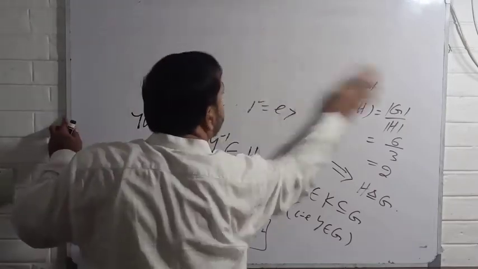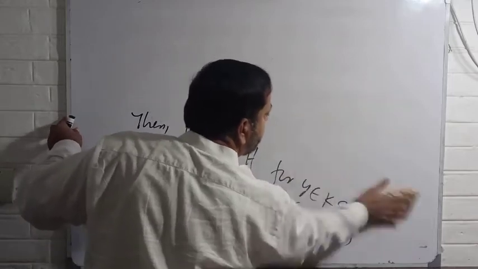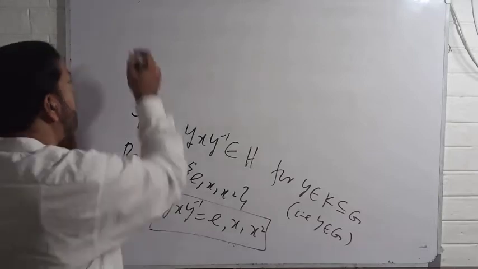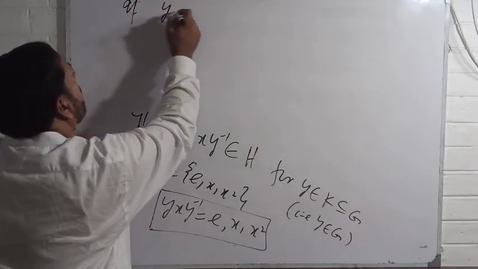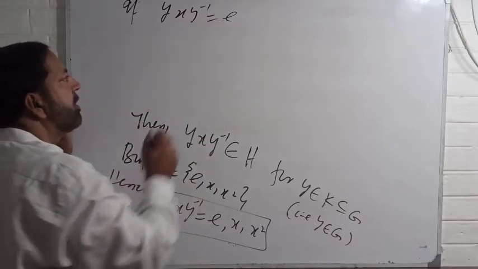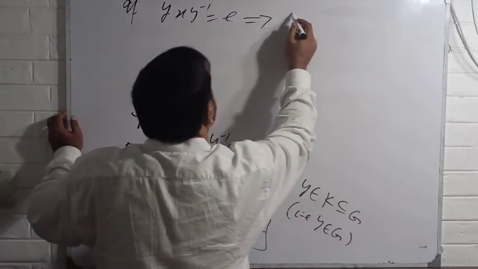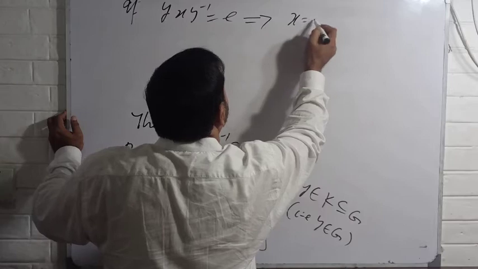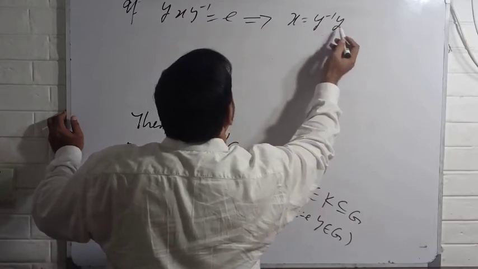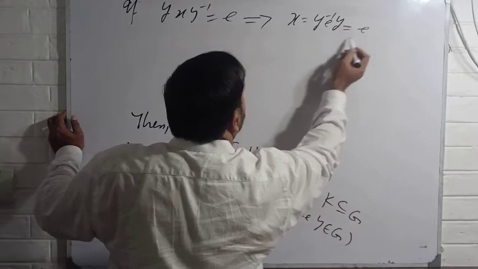Now, if yxy inverse is equal to e, this implies x is equal to y inverse y, right, which is equal to e.